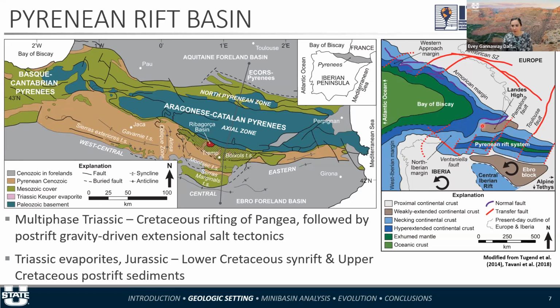And in that Pyrenean rift system, we're going to get deposition of the Triassic Keuper evaporites, followed by, thinking very generally, Jurassic to Lower Cretaceous synrift, and then Upper Cretaceous post-rift sedimentation.